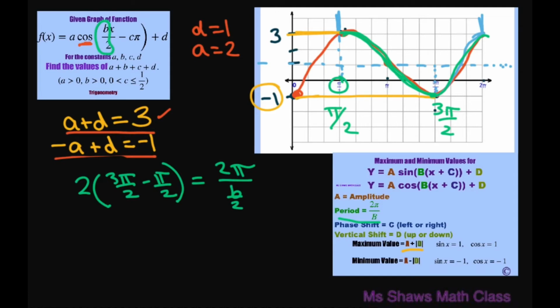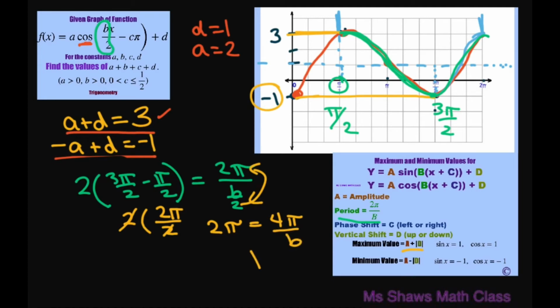All right, simplifying this, this is 2 times 2, so this crosses out. You get 2 pi, and we can multiply these two. It's going to give you 4 pi divided by b. Therefore, b equals 2.